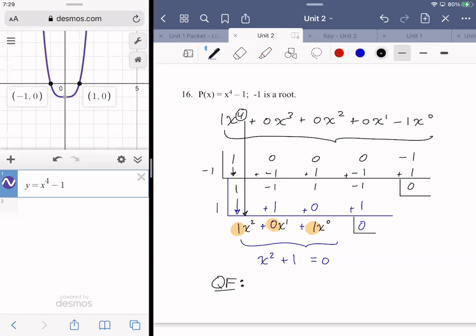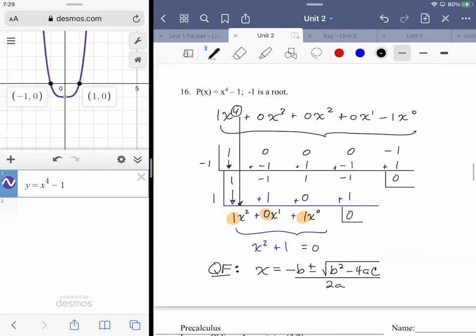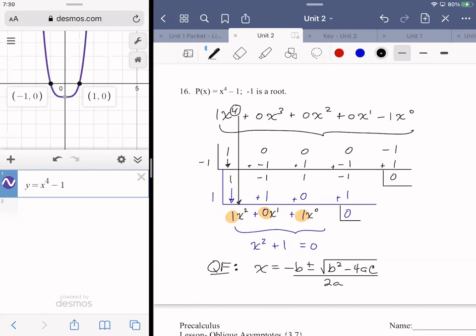Quadratic formula: x is equal to negative b plus or minus the square root of b squared minus 4ac all over 2a. The coefficients that are listed there are nice and helpful because that's telling me the a, the b, and the c. So I could just pop those right in.